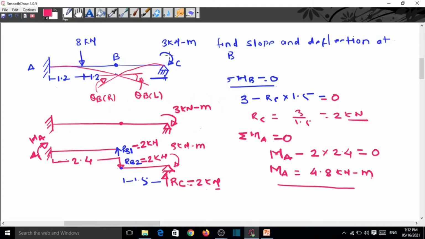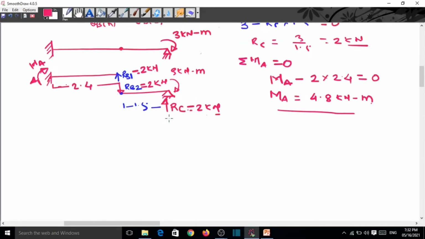So now the BMD for this portion. We take first only this couple at the support, so we draw the BMD. Now we know this point is the hinge, where the bending moment is 0.